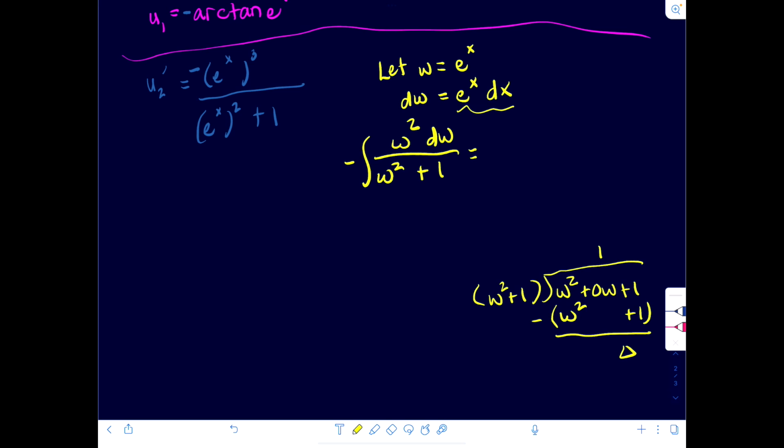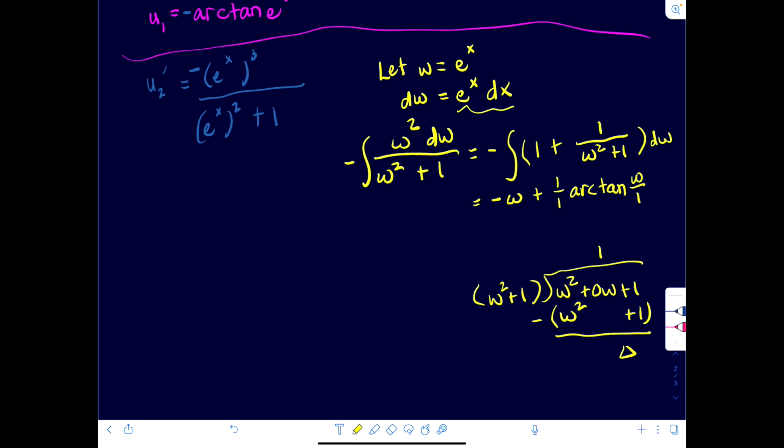So this is going to be equivalent to negative 1 plus 1 over w squared plus 1 dw, which will just be equal to negative w plus 1 over 1 arc tangent w over 1, which is negative e to the x plus arc tangent of e to the x.